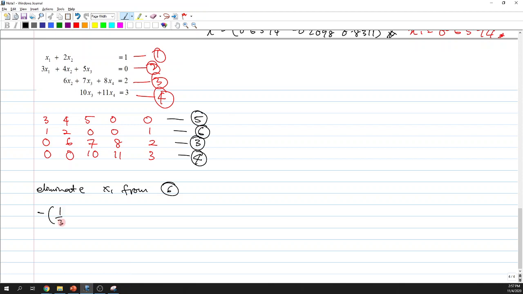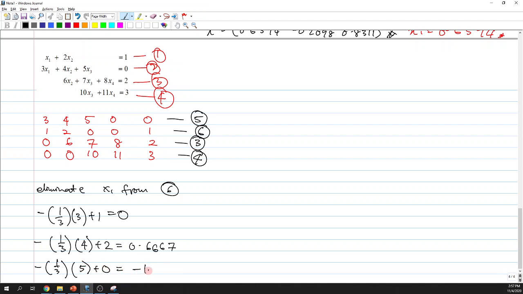So 1 over 3, 3 plus 1 becomes 0, negative 1 over 3, 4 plus 2 become 0.6667, negative 1 over 3, 5 plus 0 equal to negative 1.6667.